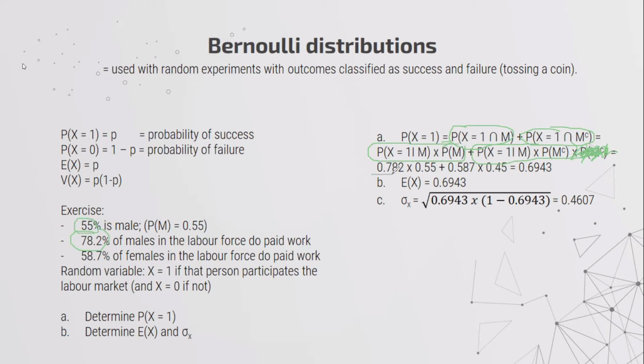Then we have to compute for the women. We are given that the women doing paid work are 58.7%, times having all women, and all women are 1 minus the male, which is 0.45. And if we calculate it correctly, we get the end result of 0.69.